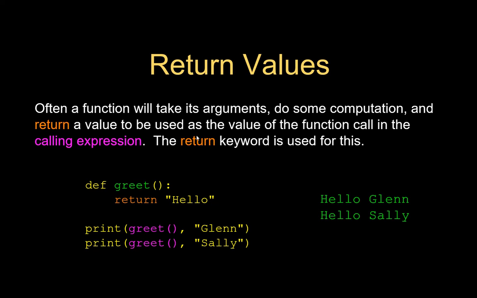So in this example, we define a function called greet, and we're going to return hello. We're going to call our greet function within a print function, and we're going to concatenate that with Glenn, and then concatenate that again with Sally. So our output here is going to be hello Glenn and hello Sally, because our greet function has a return keyword of hello.